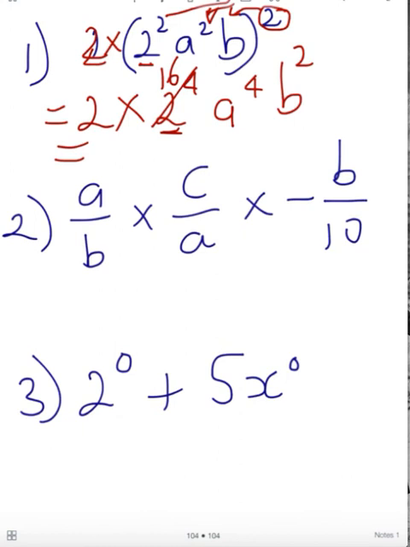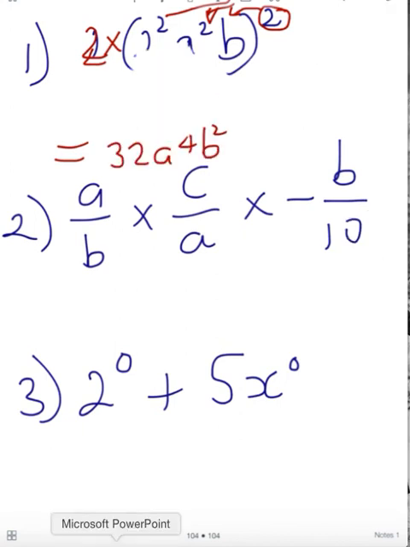So I'll just rub the working out off. And that's what you should have had. Just the 32, a to the power of 4 and b squared.